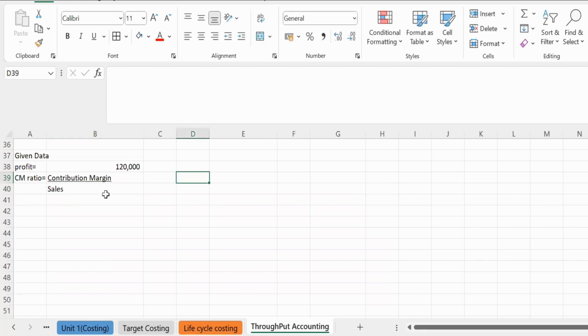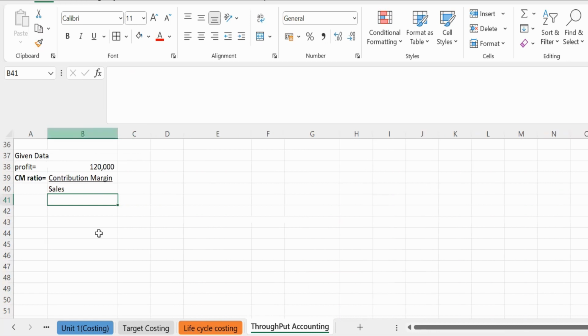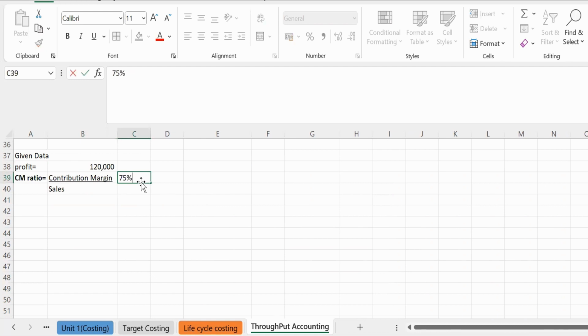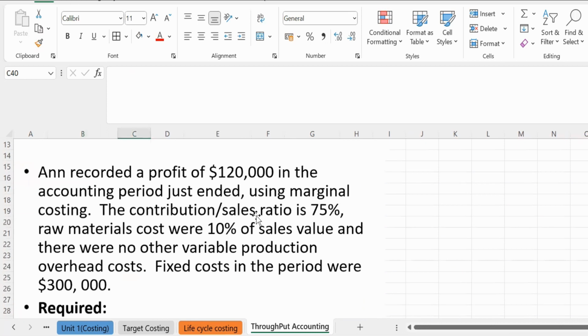Then you'll be having your contribution margin ratio. Once we continue, we shall see what we are talking about. So this contribution margin to sales ratio, they gave me this ratio. They said it is 75% in the question.